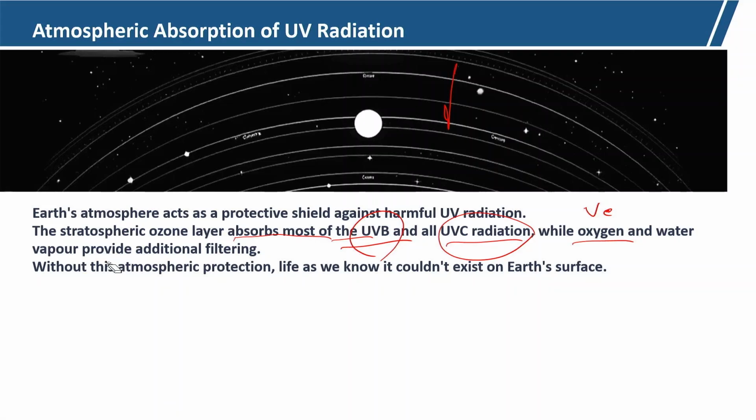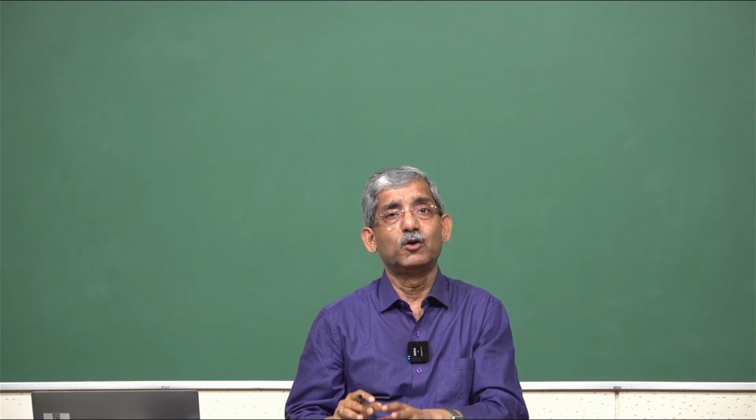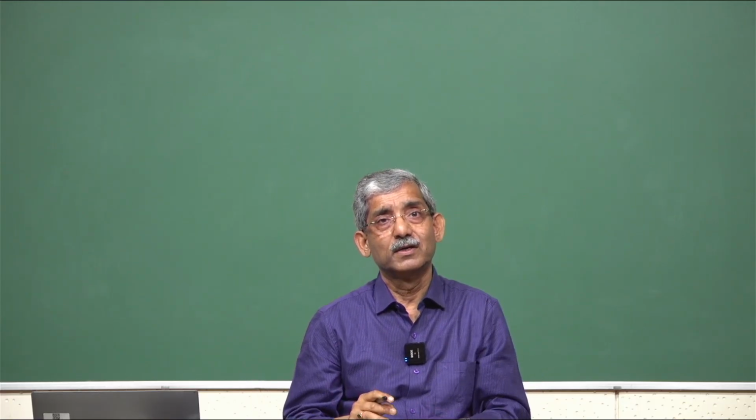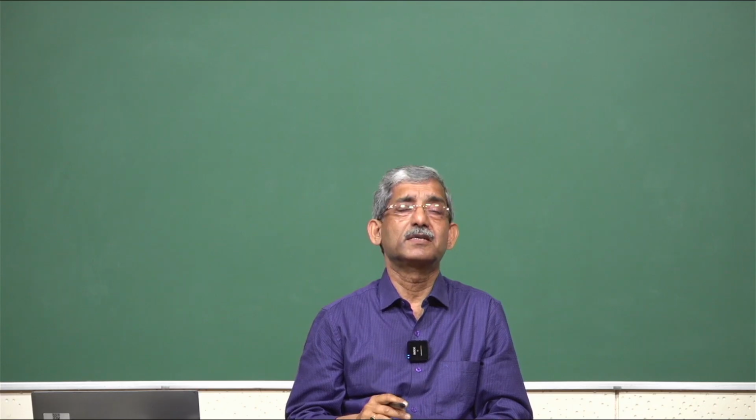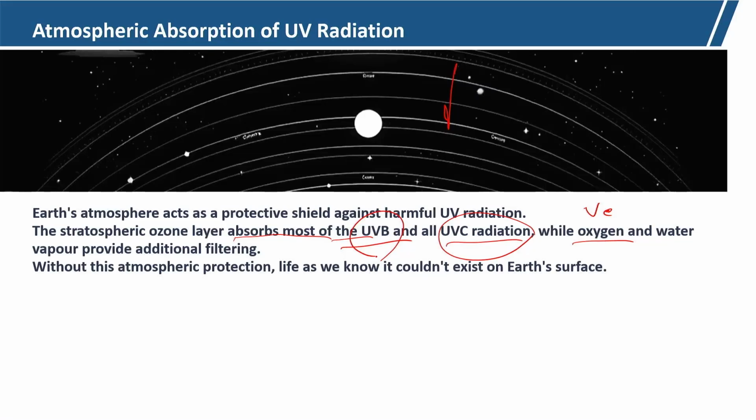Without this atmospheric protection, can we imagine a situation where the layers are not there? Directly the UVA, UVB, UVC rays will come. If UVB 100% comes, then life could not exist on the earth's surface. So, this is the atmospheric shield.